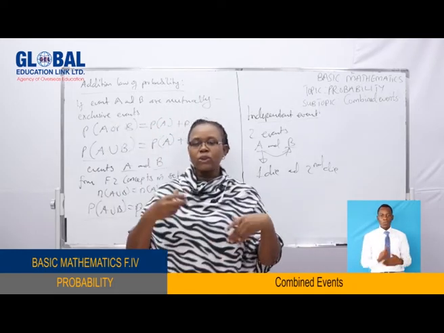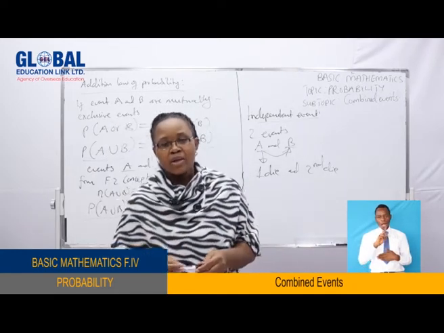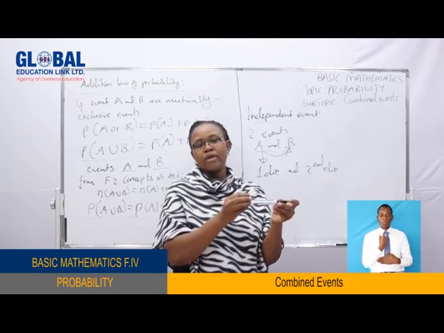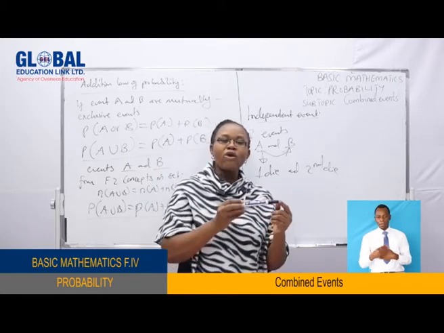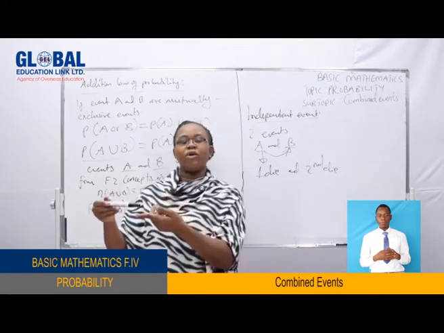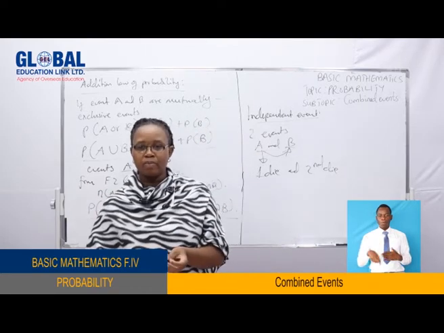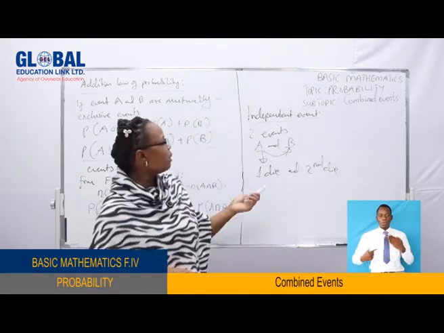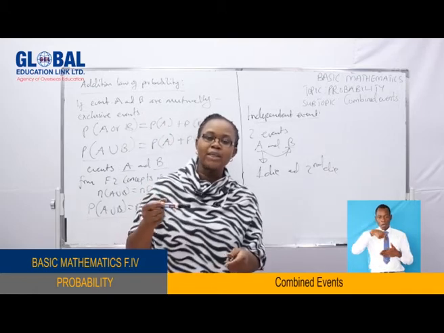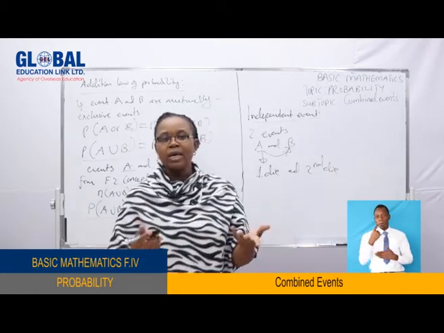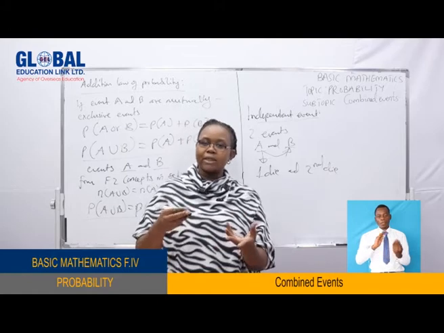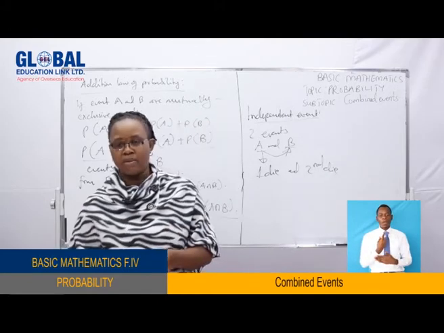Or when you toss two coins, the occurrence of a head on the first coin cannot affect the occurrence of a tail on the second coin. So independent events means that the occurrence of one event does not affect the occurrence of the other.